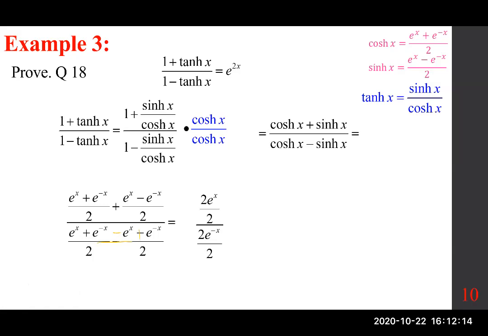If you extend this, this makes this plus, okay? And so these two cancel each other, the other two cancel each other, and it becomes e to the power of x over e to the power of minus x, which is e to the power of 2x. I hope you can see that, class.